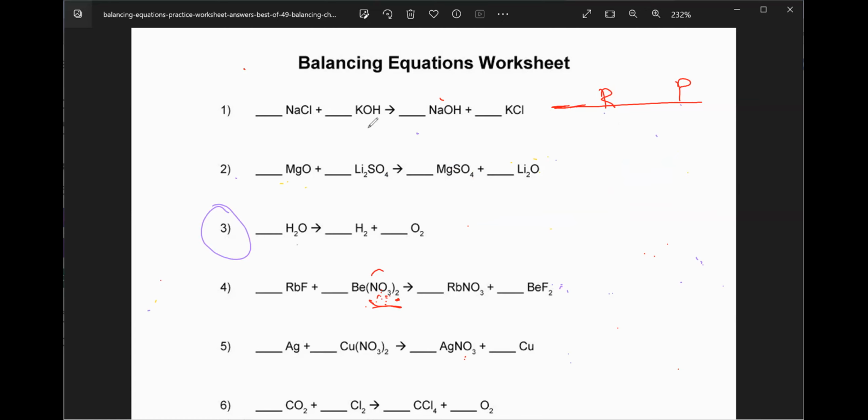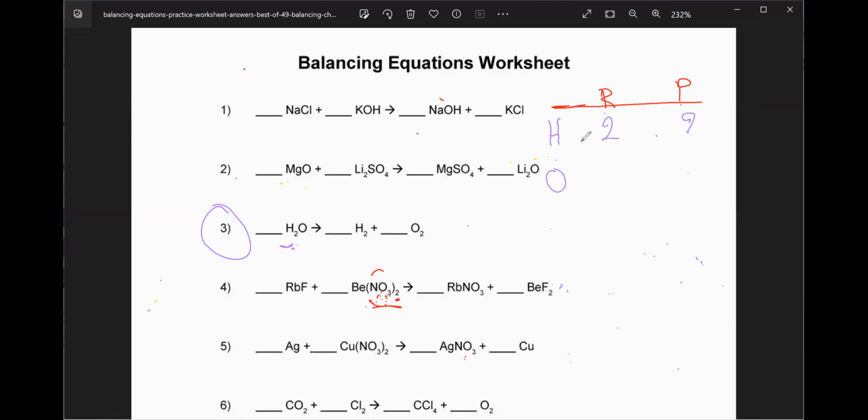Okay, hydrogen. No, we first need to know what elements we have. We have hydrogen and oxygen. In the reactant side, how many hydrogen? 2. In the product? 2.